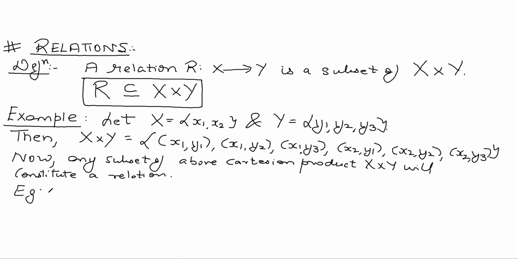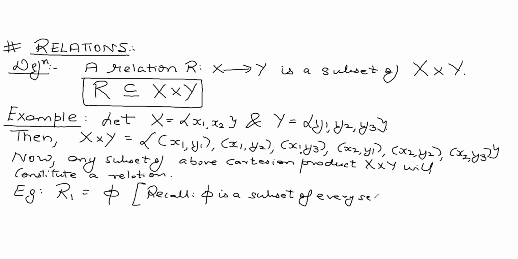Example, let us take a subset of it. Phi is a relation because all of us know that phi is a subset of every set. We know this, right? Recall, phi is a subset of every set. So phi is a relation. Another relation: the set of x1 comma y1 and x2 comma y1.